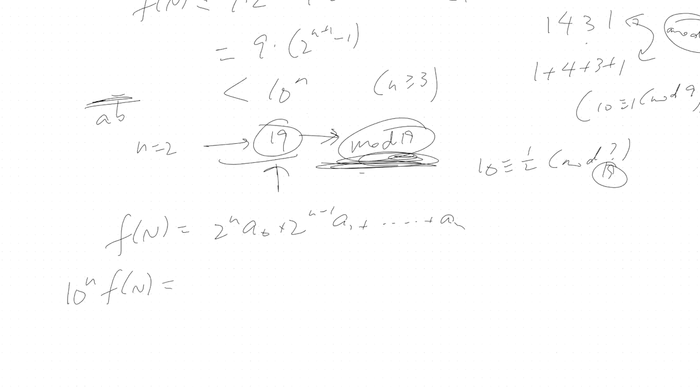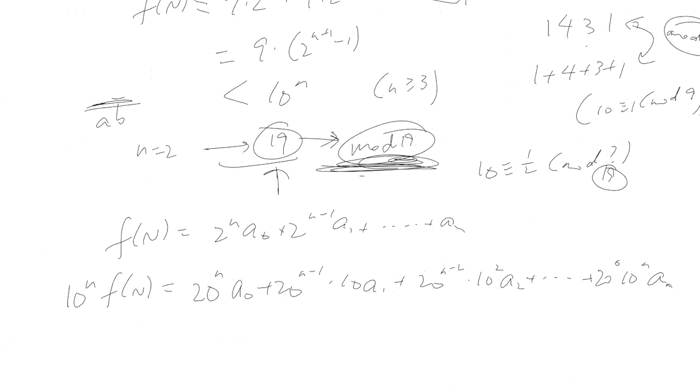This is 20 to the power of n a0 plus 20 to the power of n minus 1 times 10 a1 plus 20 to the power of n minus 2 times 10 squared a2, and so on, up to 10 to the n an. All the 20s are congruent to 1 mod 19, so we just ignore these. So this is congruent to n mod 19.